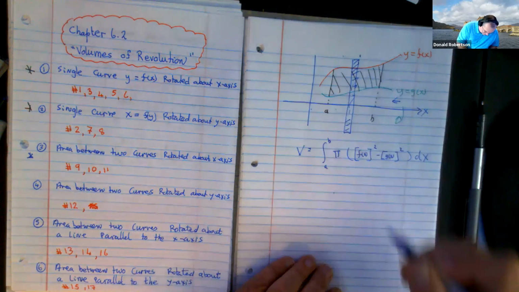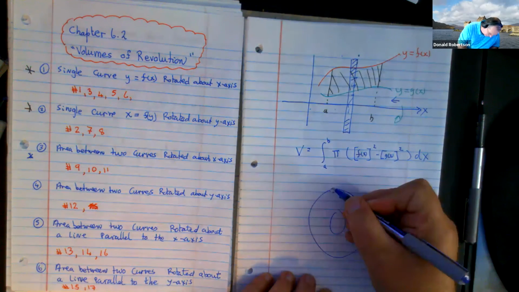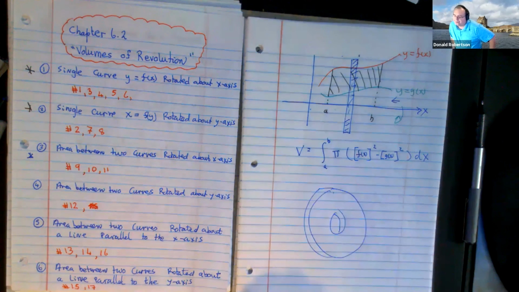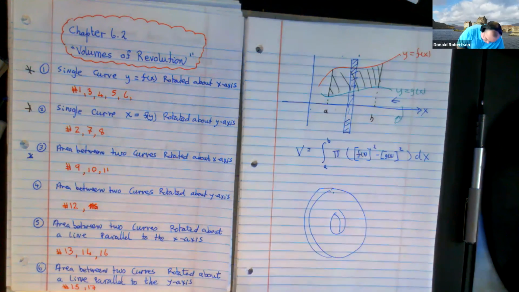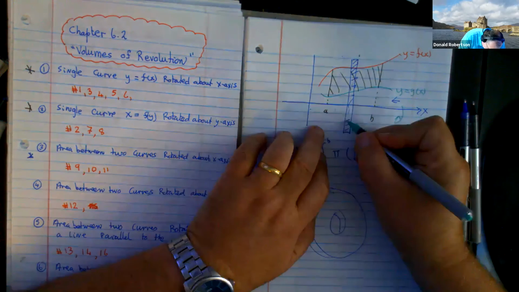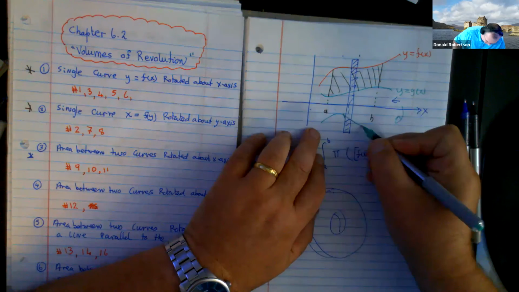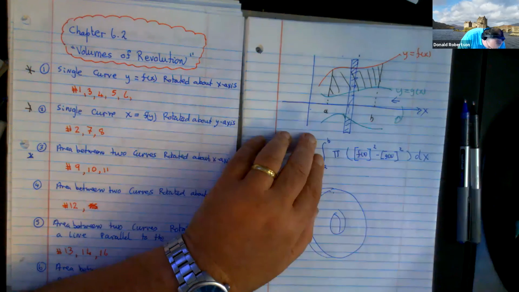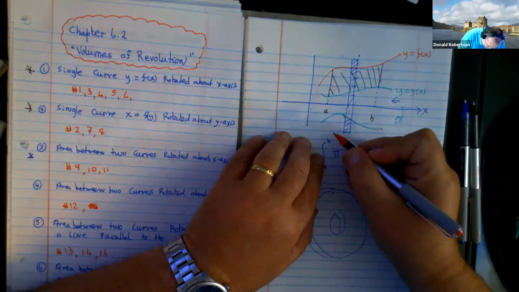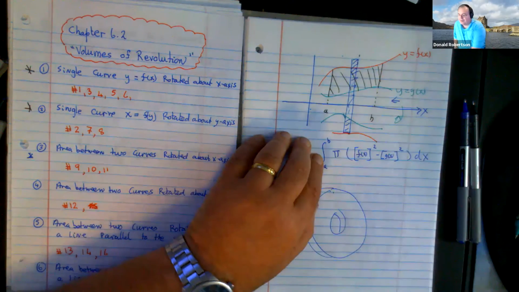If we did that, wouldn't you get a shape that would look something like this? Because I'll try my best. As I say, I'm not good at this. Can you trust me? It would be a donut.